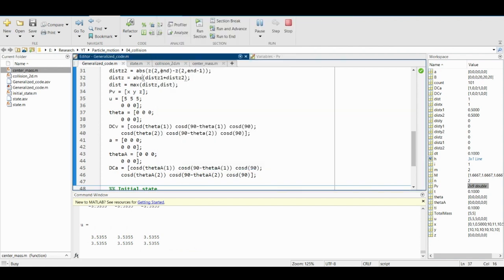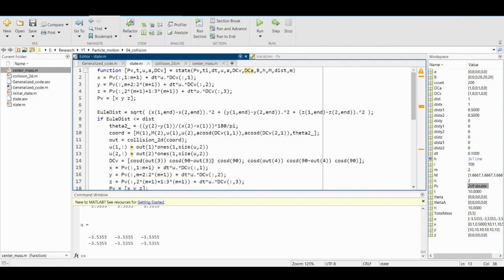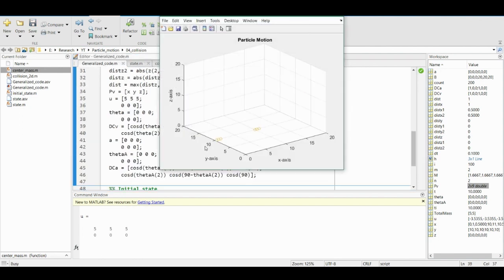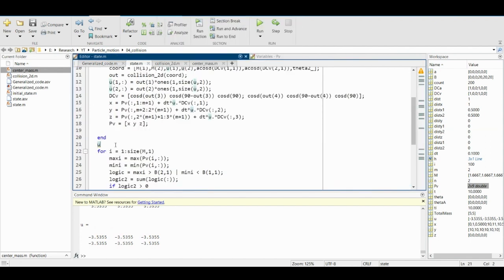Yep. So let's see in here. So here it's working. Go for u here, 5 5 5. After this, both will be having some velocity. So this is also working.